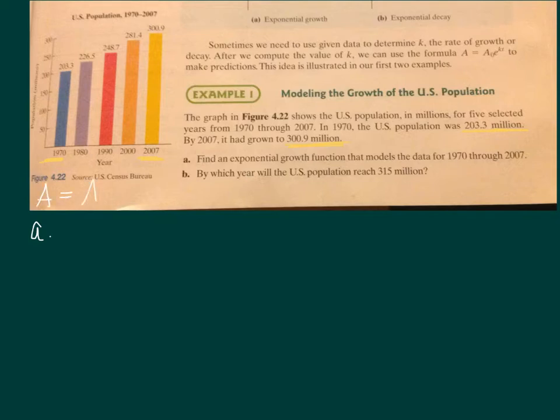So I'm going to write our model. Remember, it's the same for growth and decay. And we have the original amount, because that was in 1970. It was 203.3 million. And then we have what it grew to, which was 300.9 million.